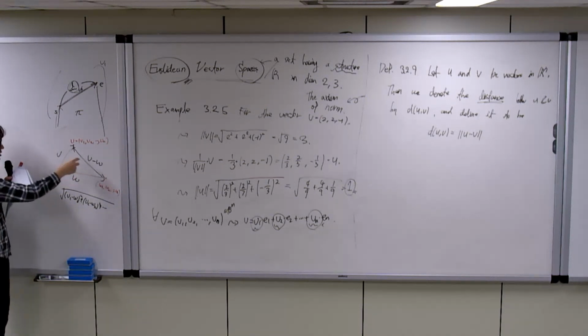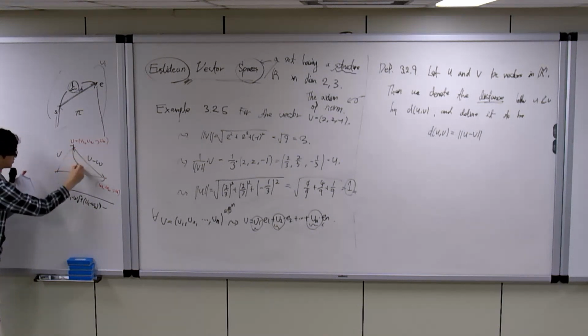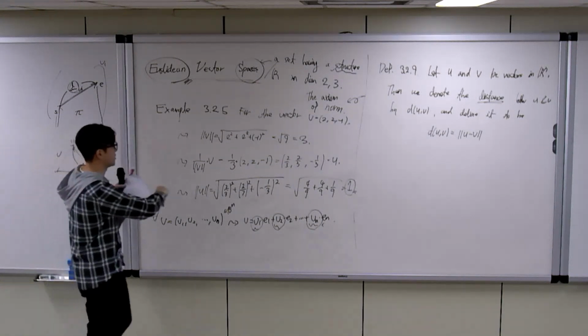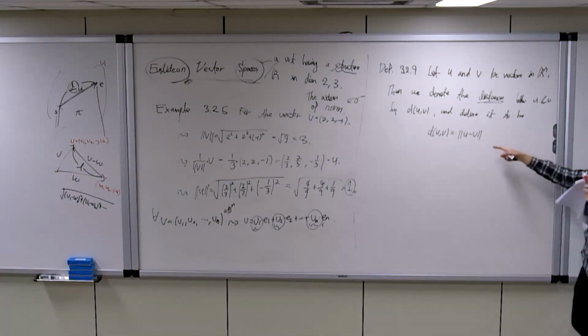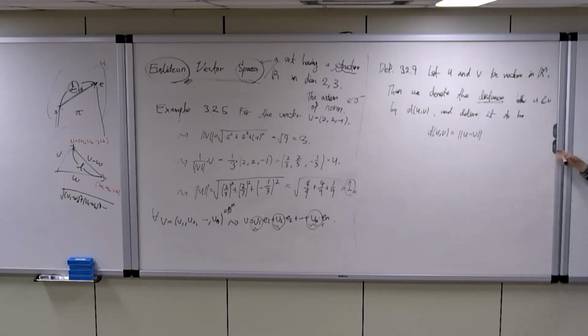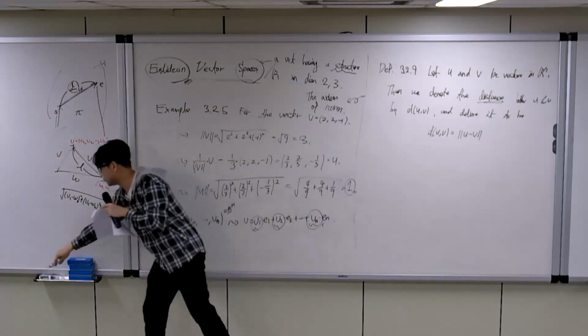So this length gives the length of here, and it makes sense to define the distance by using the norm, and it will give the length of the vector between u and v.